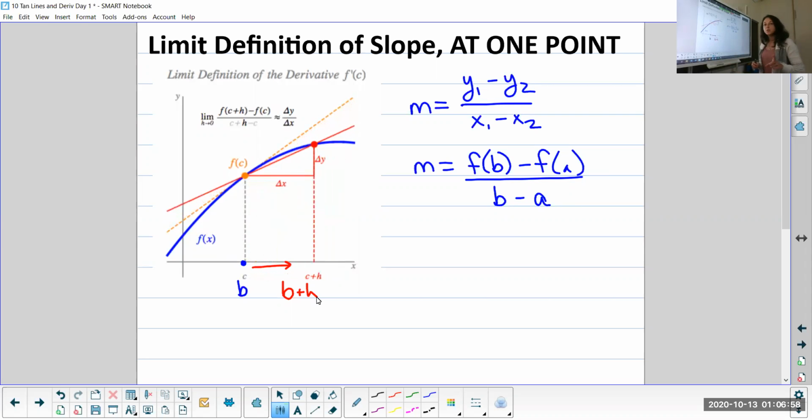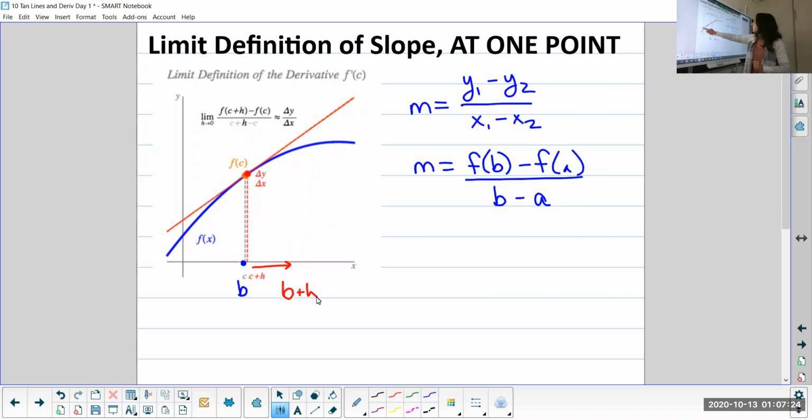Now, here's why we have this animation happening. We are using this as a general foundation to construct a slope at one single point, rather than forcing ourselves into 2 points, requiring ourselves to use y1 and y2, x1 and x2. We are now going to find the slope at just one single instance.